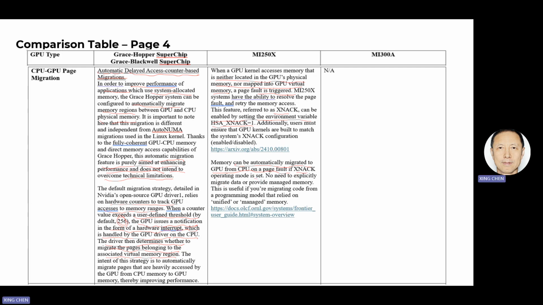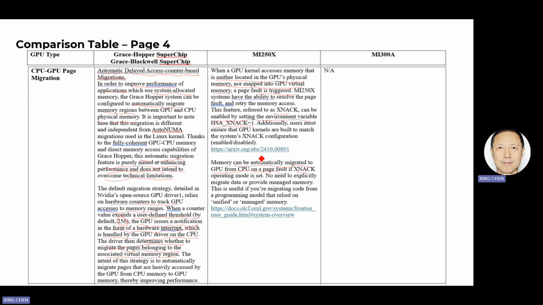You do need to explicitly migrate or provide managed memory. This is useful if you are migrating code from a programming model that relies on unified or managed memory. So if this is the case, you are going to benefit from this kind of setup.